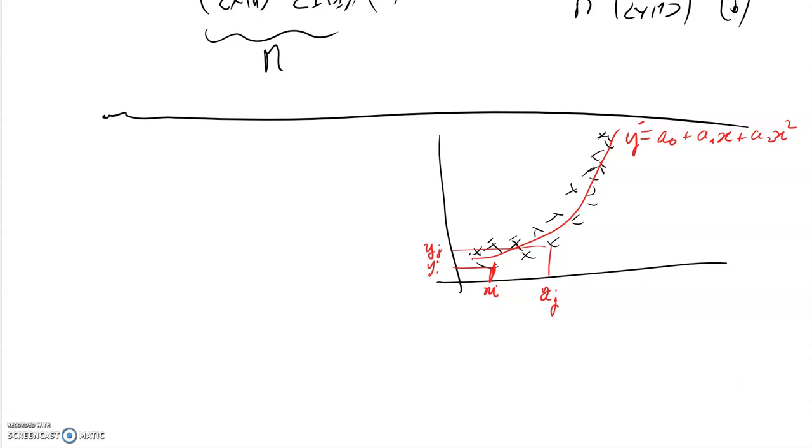So this would not per se be a linear regression, because we would be looking for a polynomial of degree 2.